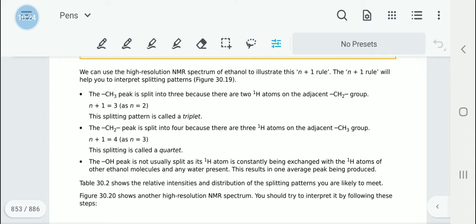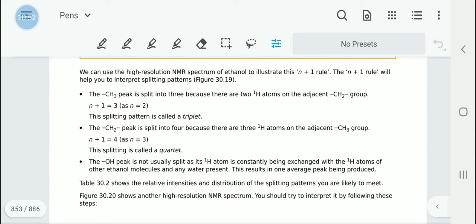Then when you take the CH2, its adjacent carbon is attached to 3 hydrogens, because the adjacent one is CH3. So n plus 1 is going to be 4. That means the peak related to CH2 would split into 4 sub peaks.